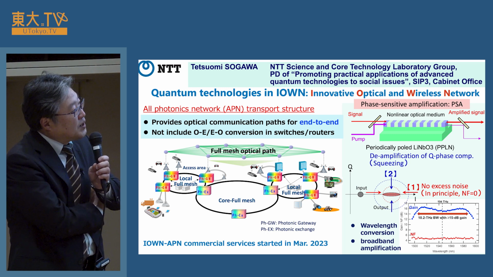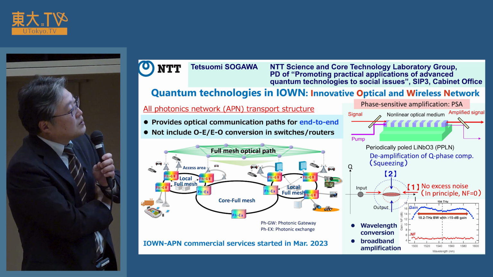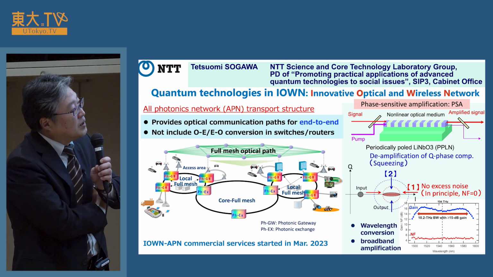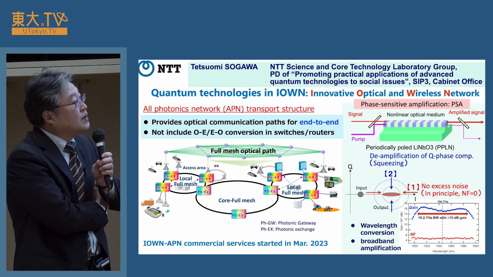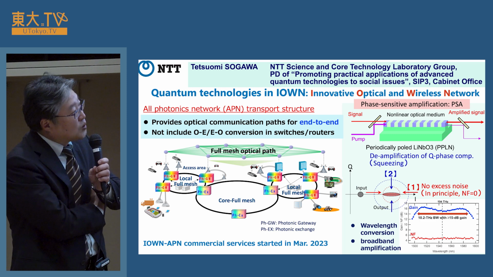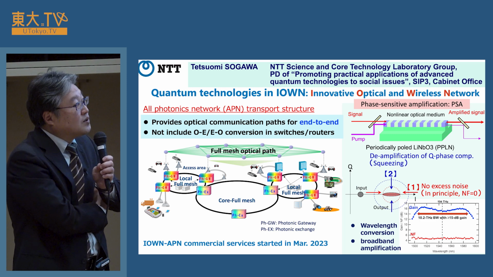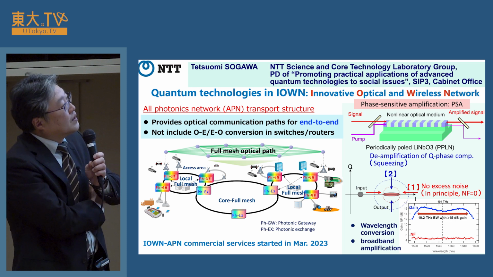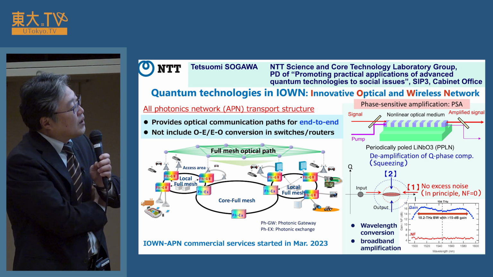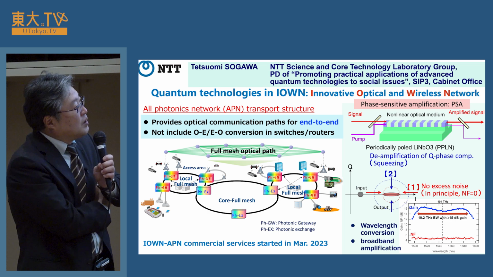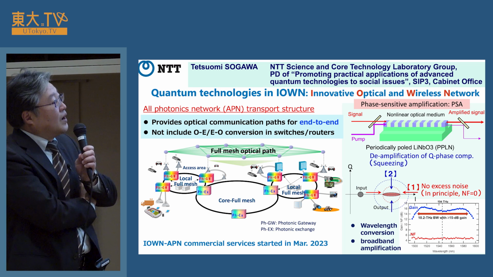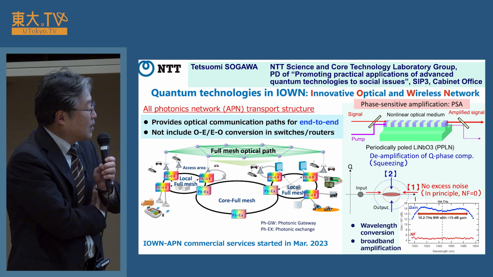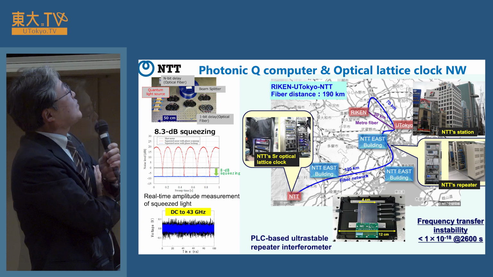And this device has very wide gain width, over 10 terahertz, which is 2 times larger than the conventional L-band amplifier. These properties are very, very important to construct ultra-fast optical transmission system. And also in ION, wavelength conversion function is also important. Another important feature in quantum technology is squeezing, as Akira already introduced.